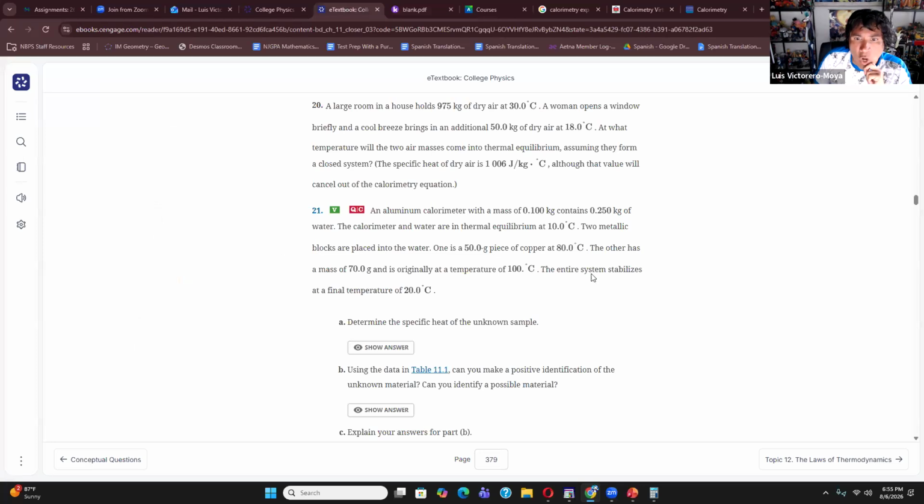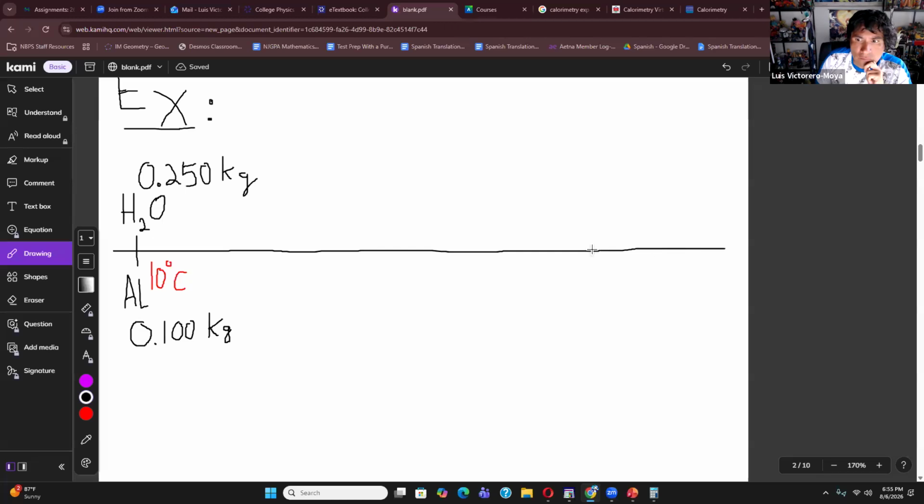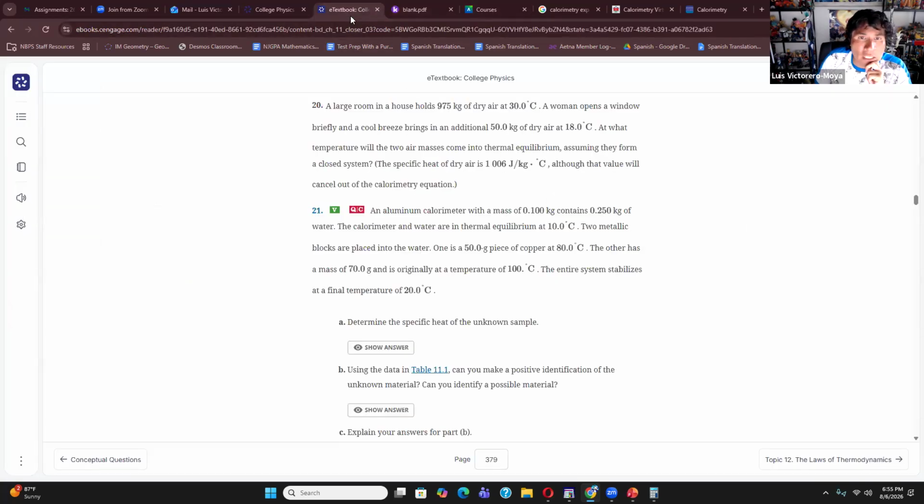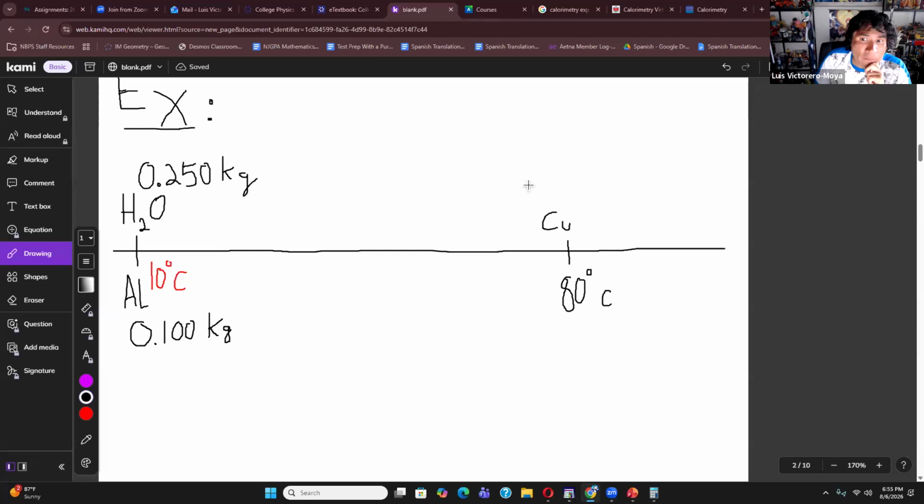Then you have a copper, 50 grams at 80. Oh, 50 grams, right? So we have to change that into kilograms. 50 grams is 0.05 or 0.050.